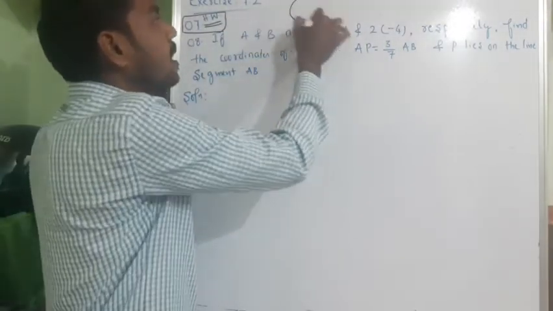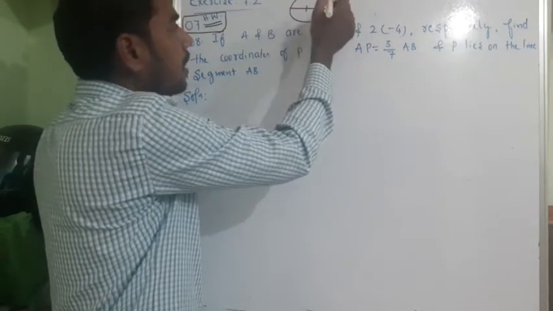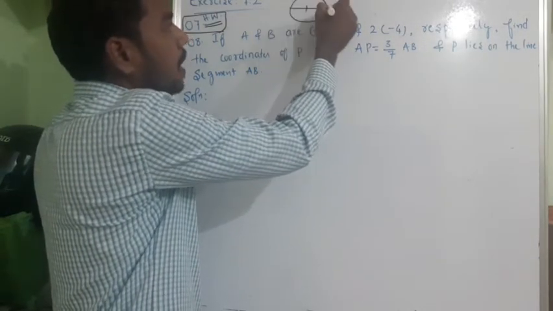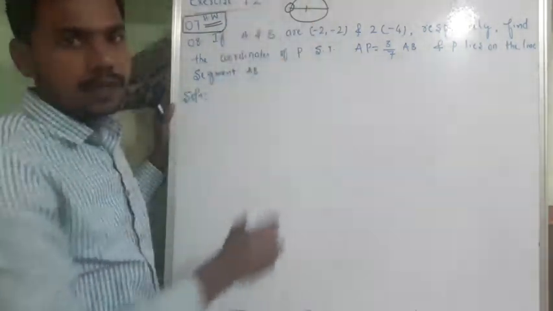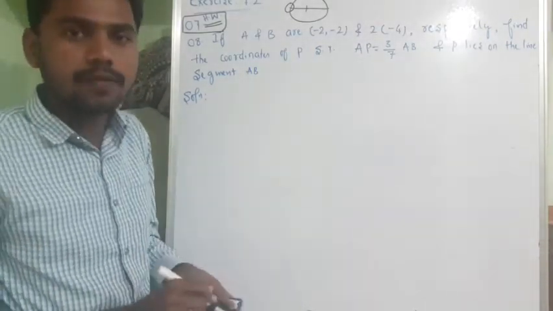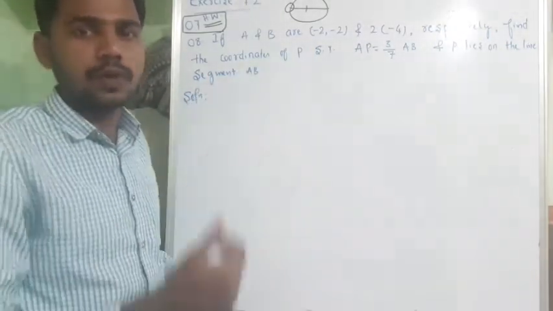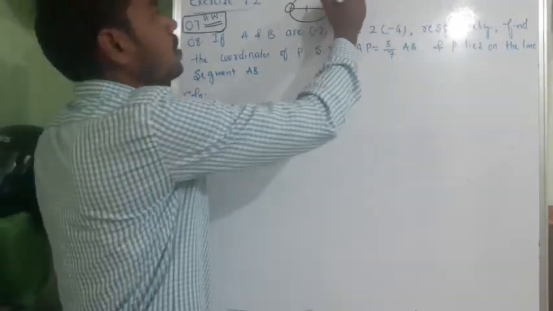There will be a circle, and the coordinates of the center and one of the end points are given. You need to find the coordinates of the other point. So again you should make use of the midpoint formula, (x1 plus x2) divided by 2, (y1 plus y2) divided by 2. Using that you are going to solve this.